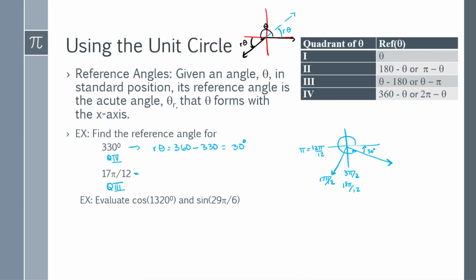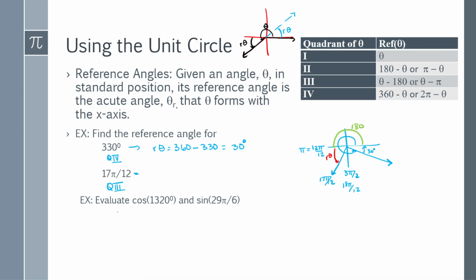So if I'm in quadrant 3, what I really want to do is subtract away, if I want my reference angle, this is my reference angle. What I need to do is subtract this. Okay?